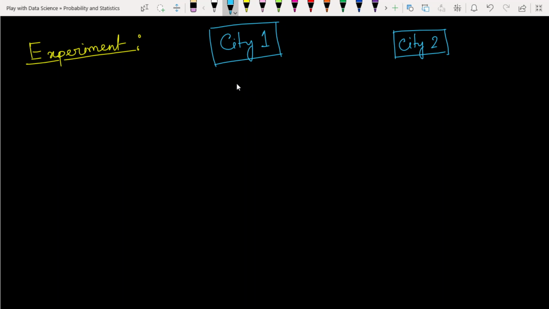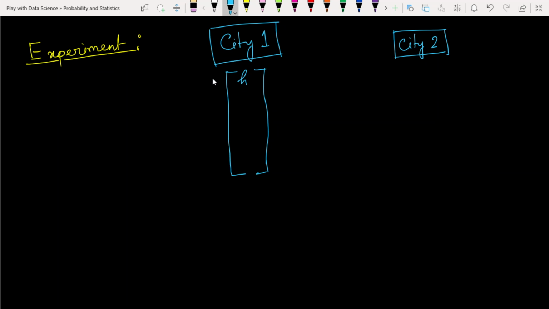For city 1, first we have to randomly select 50 people. It is not a hard task. Selecting 50 random people is totally easy, anyone can do this job. So we can randomly select 50 people from city 1.